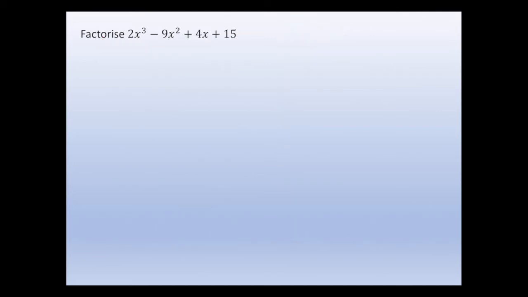The next one, a little bit trickier, but I'm sure you can do it. Pause the video for a while and actually work on this. Alright, let f(x) equal 2x cubed minus 9x squared plus 4x plus 15.